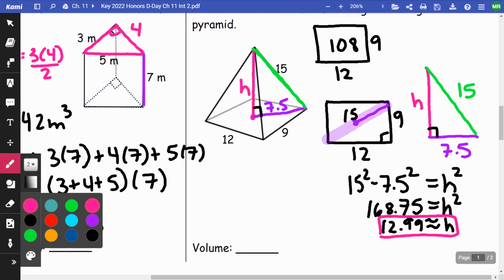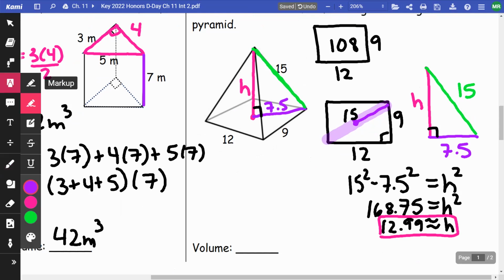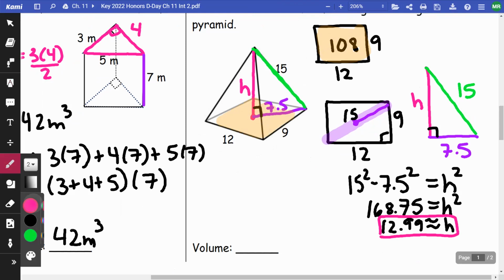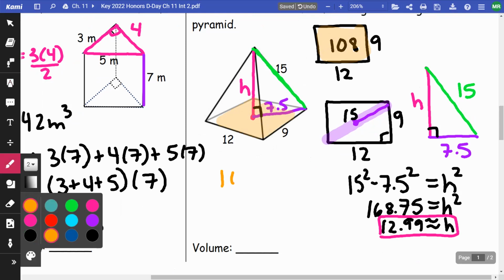So now to find my volume, I am going to take the base, this base, 108, which is this whole entire rectangle base. I'm going to times it by the height that I just found, 12.99. That would be the prism.